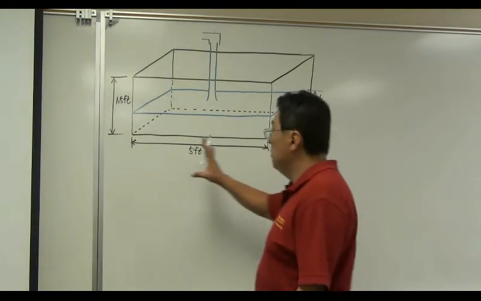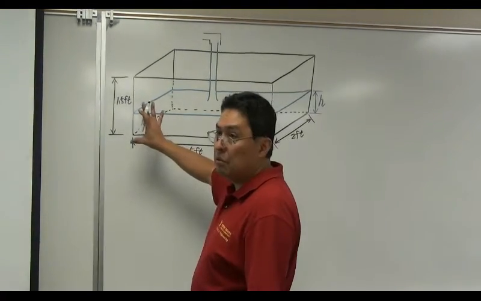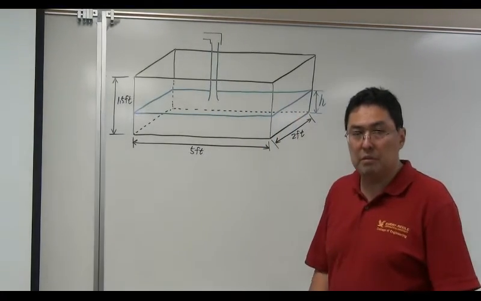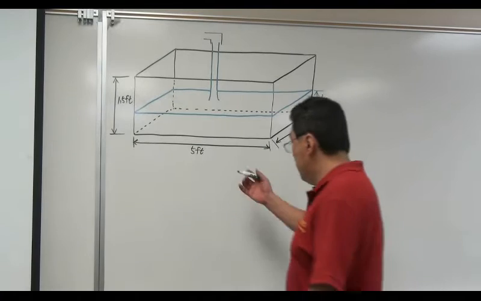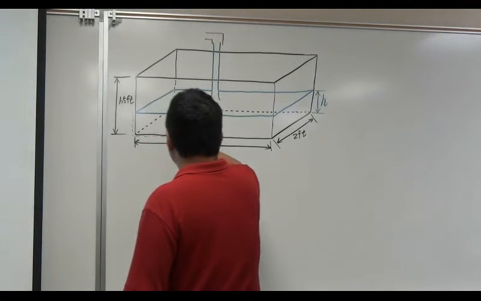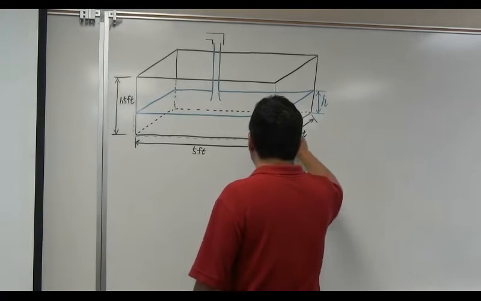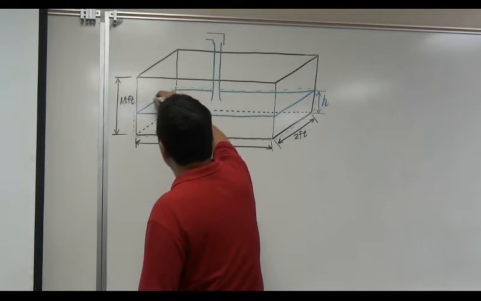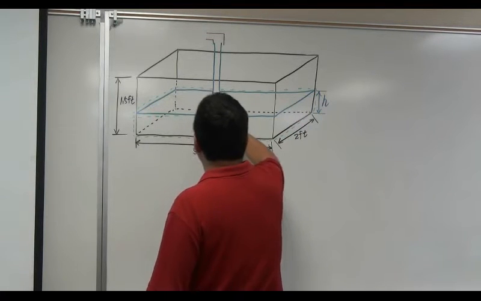Remember, in the previous program, I defined the control volume as the volume of bathtub itself, which is a fixed control volume. Now, in this case, I'm going to define my control volume as only the water inside of this bathtub.